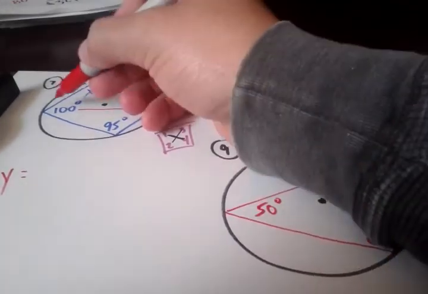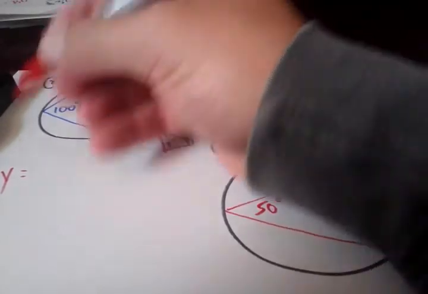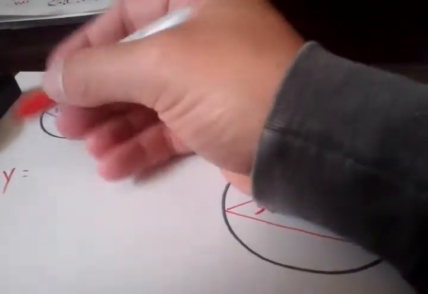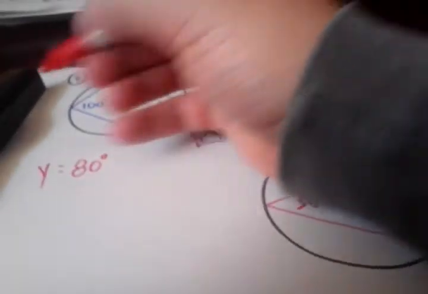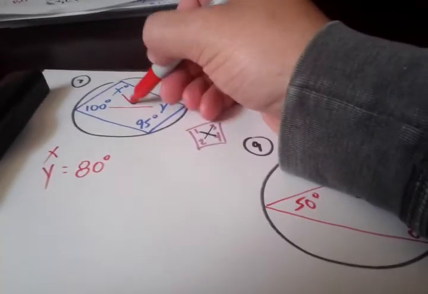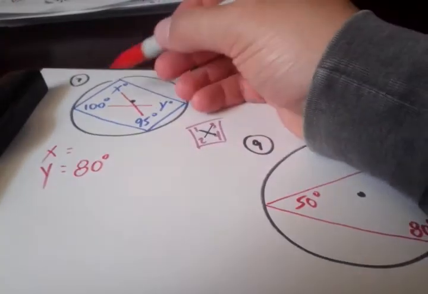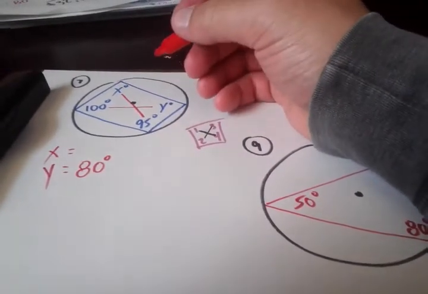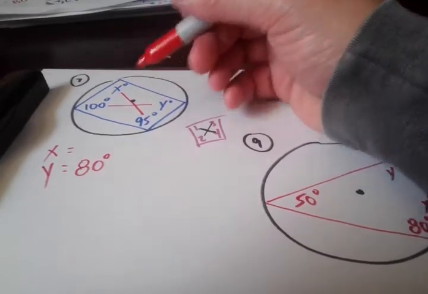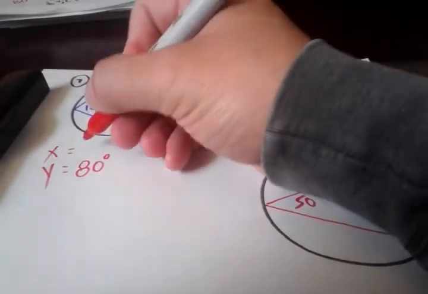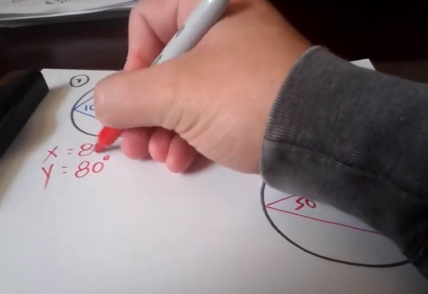So if we say 180 minus 100, it gives us y. 180 minus 100 is 80. All right, what's opposite of x? 95. So remember, these two have to add to 180 because they are also supplementary. So 180 minus 95 is 85.